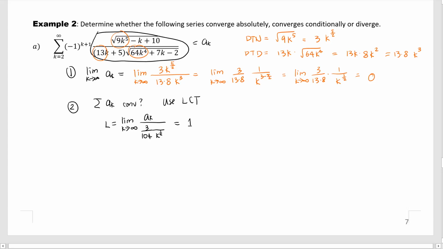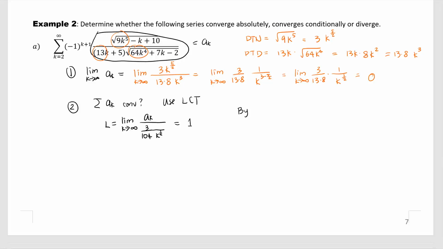And that is 1. How do we get our p series? By looking at the dominant terms of the numerator and denominator of a sub k, so eventually they behave the same. That's L. Because L is a number, not 0, not infinity, we know both series either both converge or both diverge.